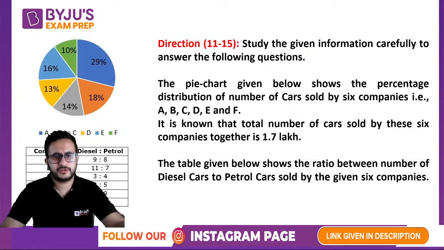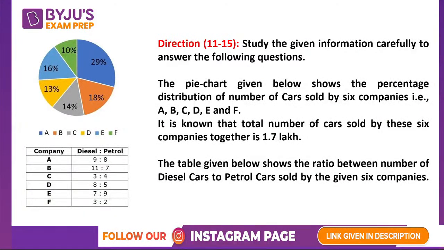Okay, so now in this case we have a pie chart and a table. The pie chart gives the percentage distribution of number of cars sold by 6 companies A, B, C, D, E, F. Right, so this is the distribution of cars sold, and it is known that the total number of cars sold by these 6 companies is 1.7 lakhs.